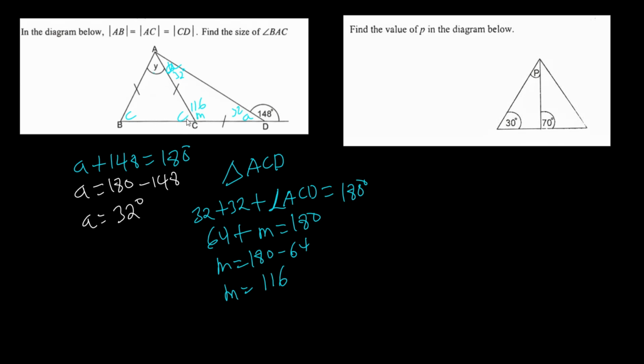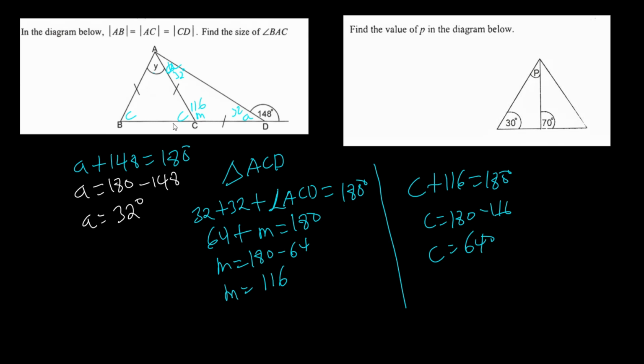But before that, let's find the value of angle C. Because angle C and 116 are on a straight line, C plus 116 is equal to 180 degrees, and 180 minus 116 is going to give you 64 degrees, which means that over here I also have 64 degrees. Now here I can use two ways.